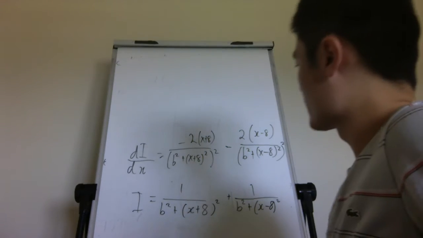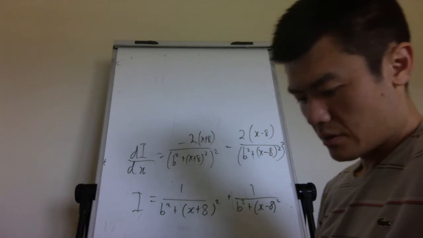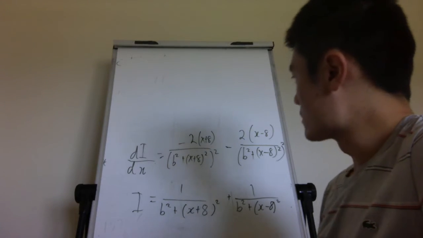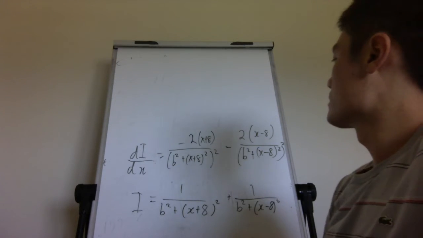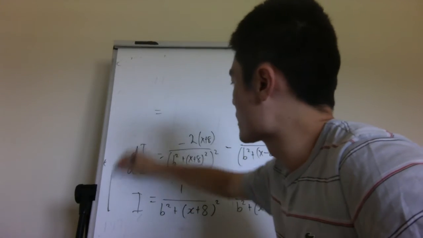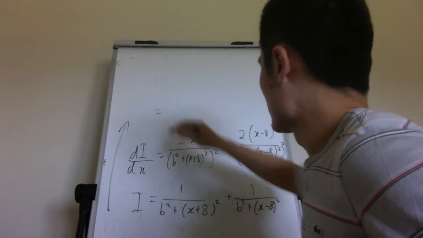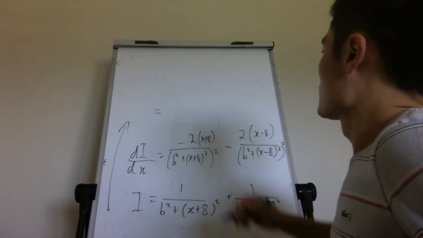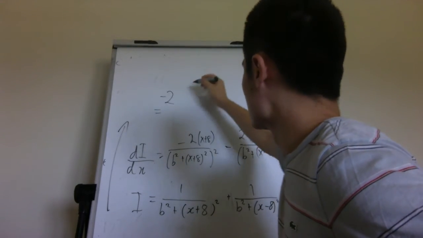So basically it looks like we're getting a common denominator. And see, the minus 2 is already there, so there's already a factor of minus 2. That's convenient.